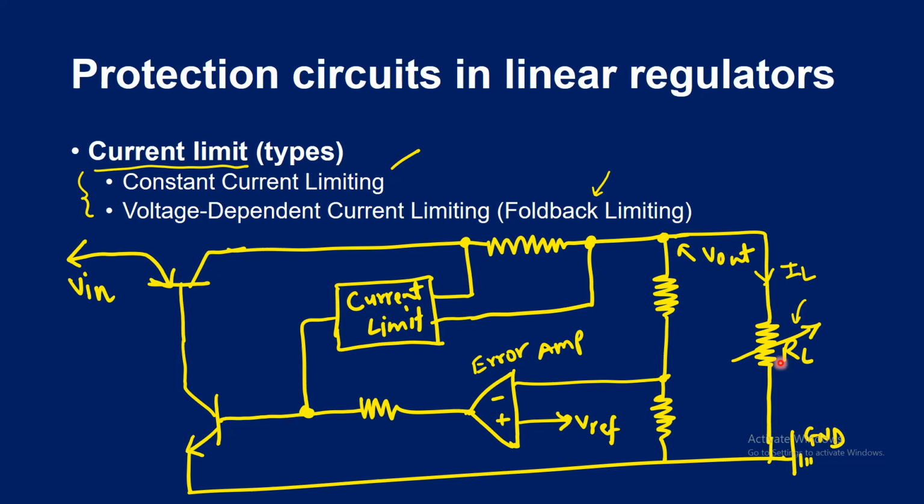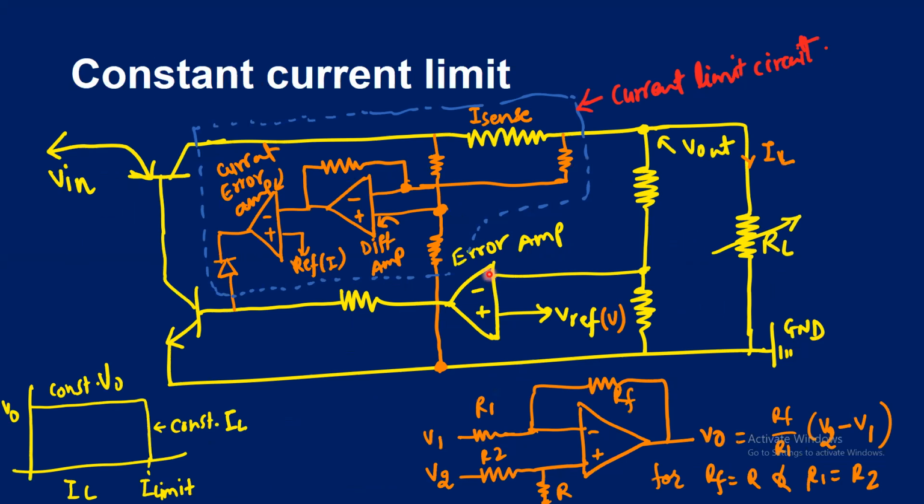Now, have a look at the detailed circuit diagram of how the constant current limit circuitry will work in a typical regulator IC. In the yellow, you can see the circuit diagram or the block diagram or schematic of a linear IC voltage regulator.